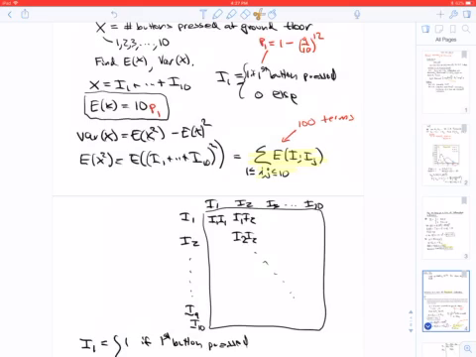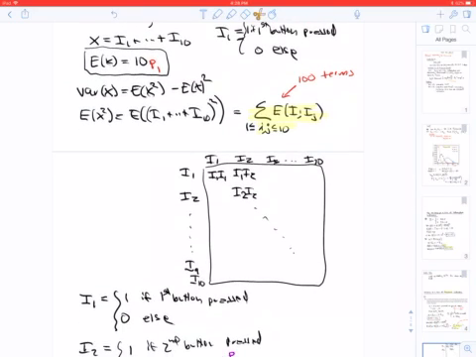So you'll get I1 squared plus I1 times I2 plus I1 times I3 all the way to I10 times I10. And the expectation is going to distribute across those. So you're going to get the sum of the expectation of I sub i times I sub j, as i and j run from 1 to 10. So that's 100 terms.